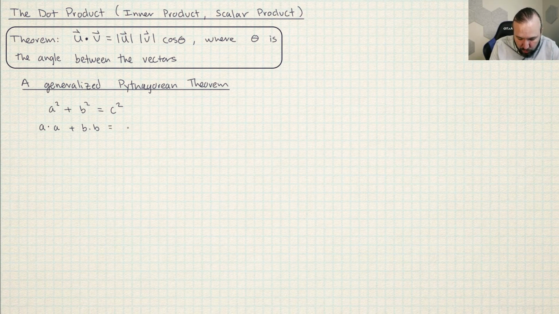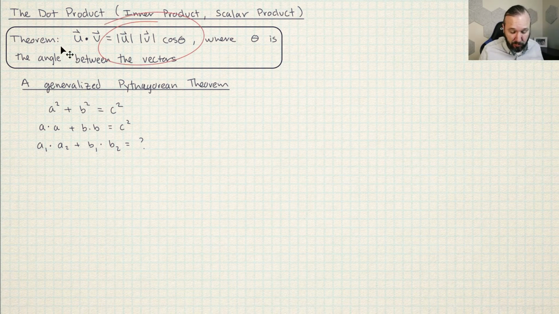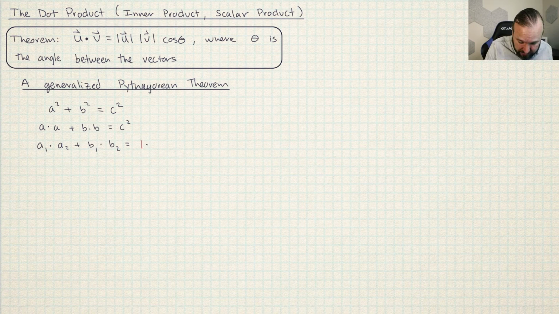So all we're doing now is asking ourselves, what if we allowed these two a's to be different? What does that give us? And it turns out it gives us exactly this thing right here. So the result is that this gives us the magnitude of u times the magnitude of v times the cosine of the angle between them.